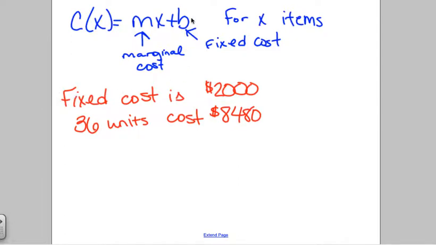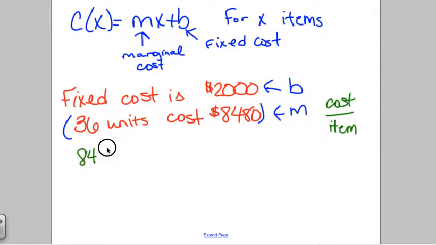This fixed cost is my B in my equation. This scenario here tells me how to find my M. M is the slope. Slope is a rate of change, so it is the cost per item. So we're going to divide the cost by the number of items to find out how much it costs per item. So we would divide 8480 by 36.